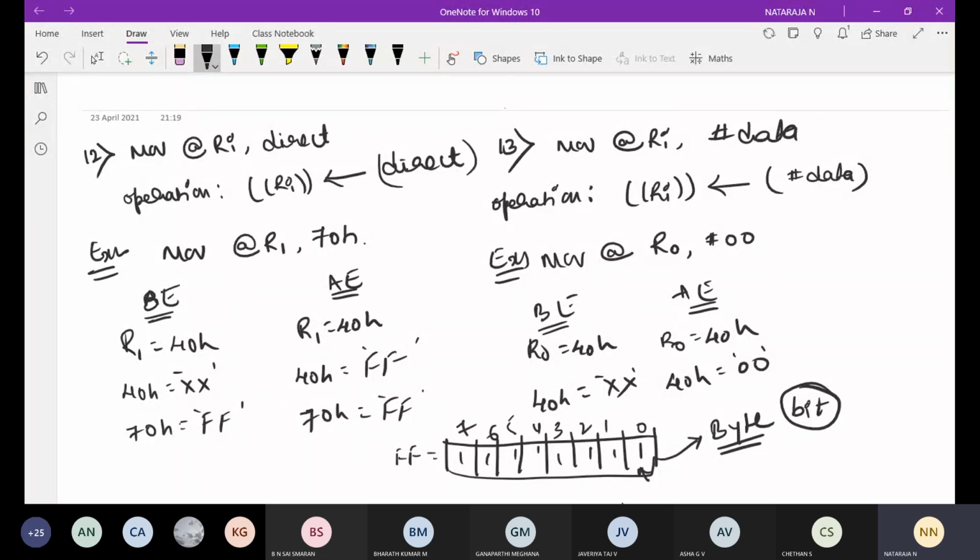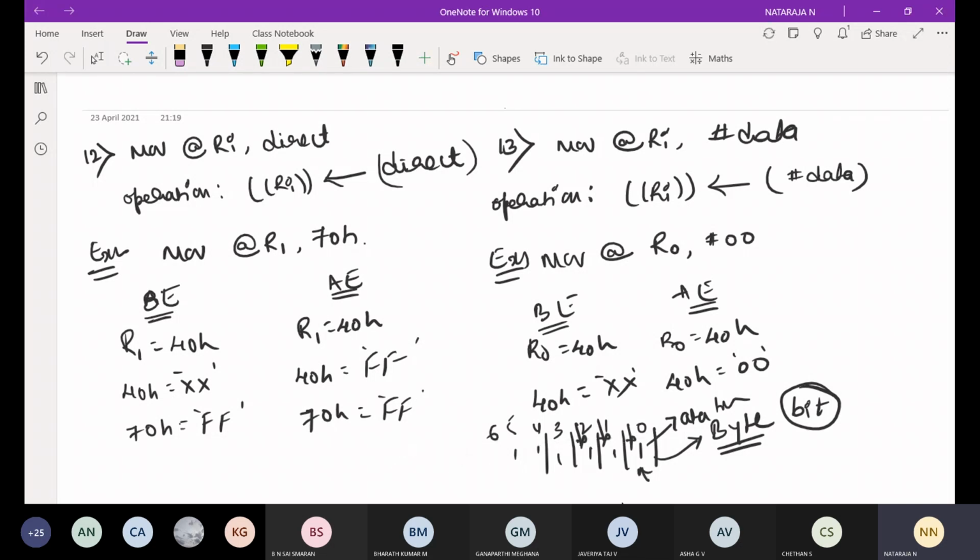So far we move all 8 bits, that is a byte of data. Now I need to move only one bit, either the first bit, second bit or third bit. I need to move only one bit at a time. So now we need to discuss bit transfer instructions.